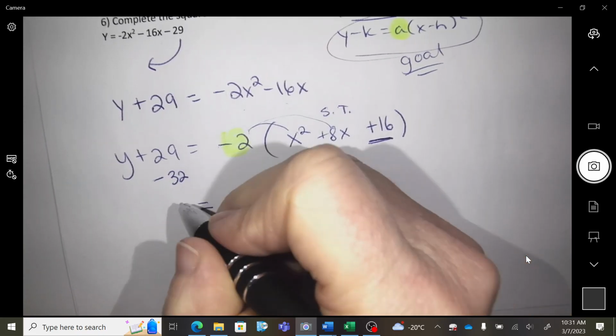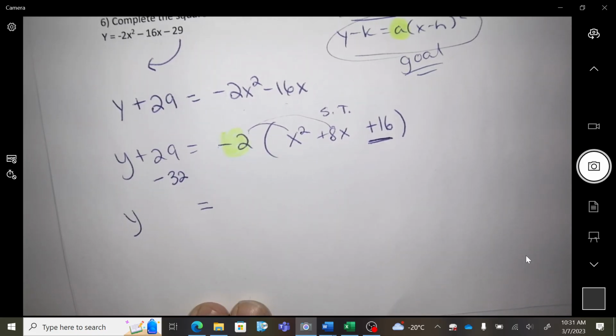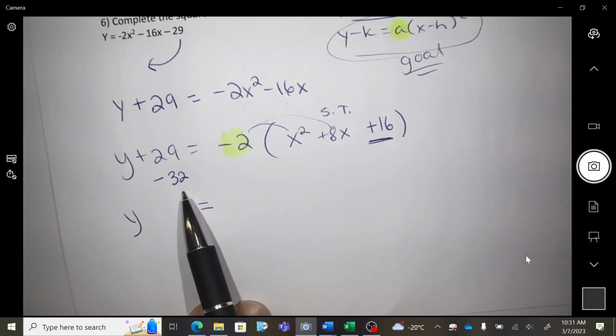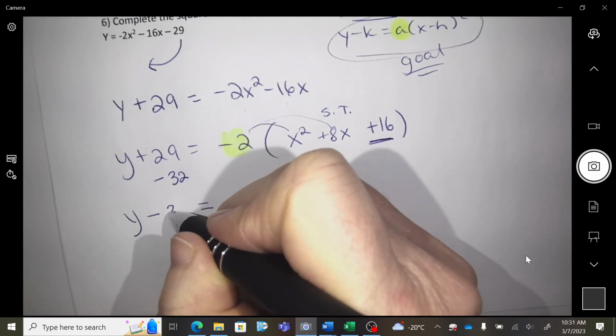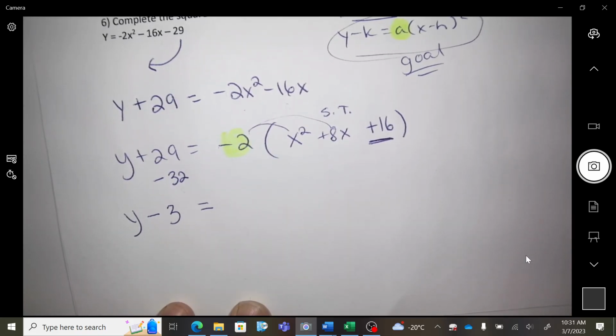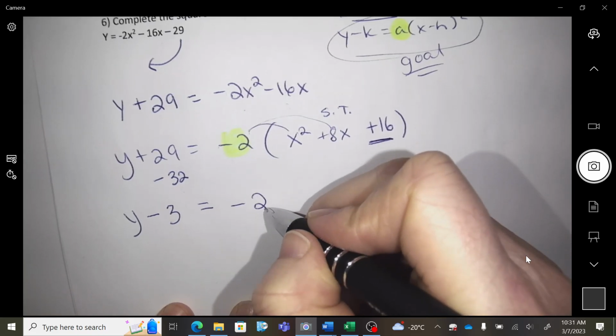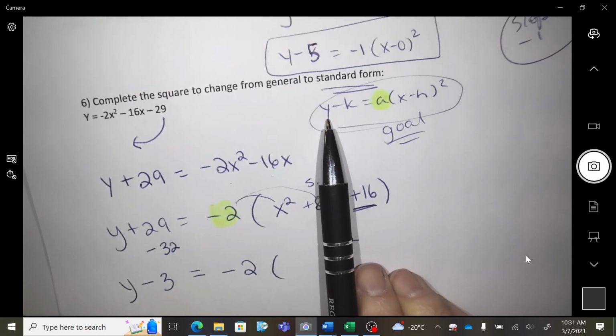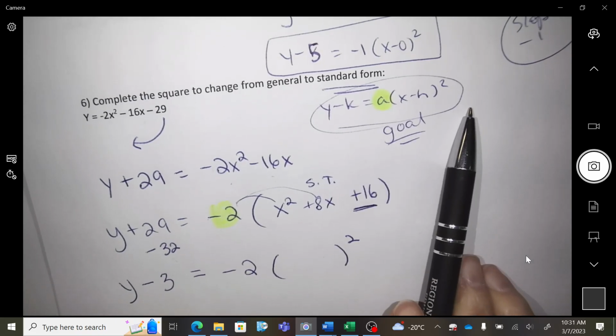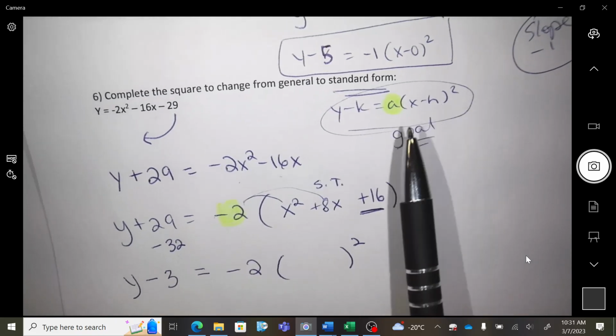Okay, so finalizing it is y, and then that would combine to be, is that -3? y minus 3? -2 binomial squared.